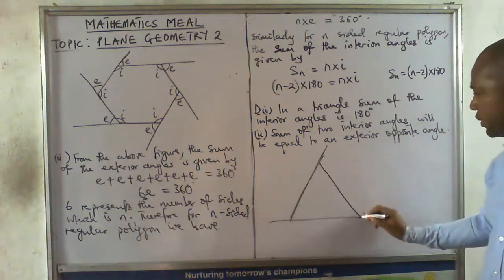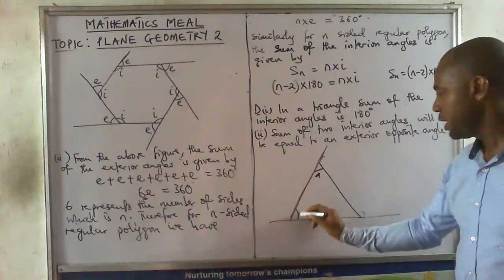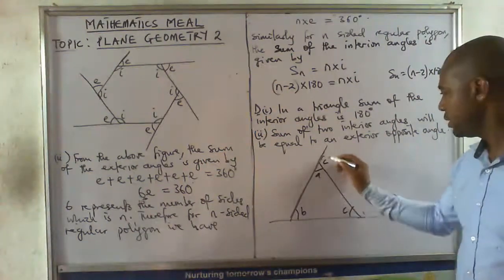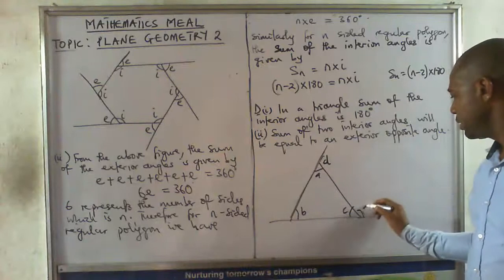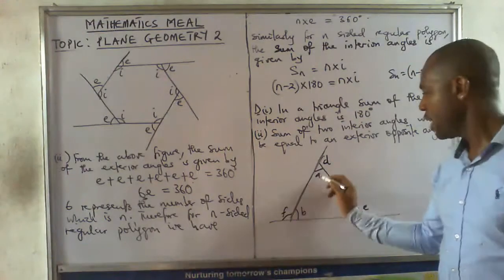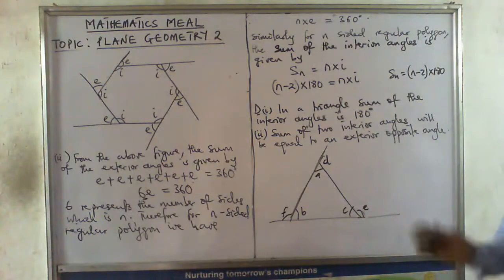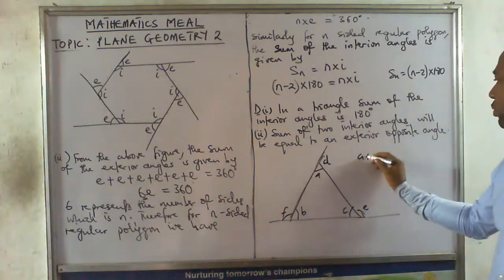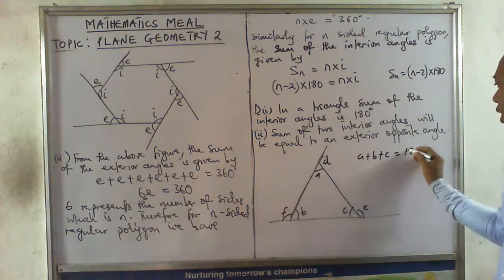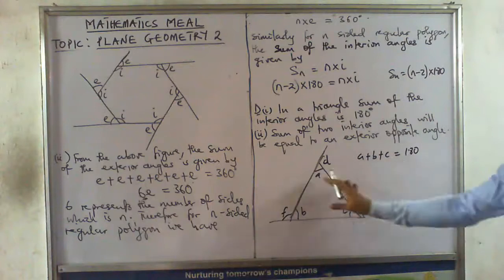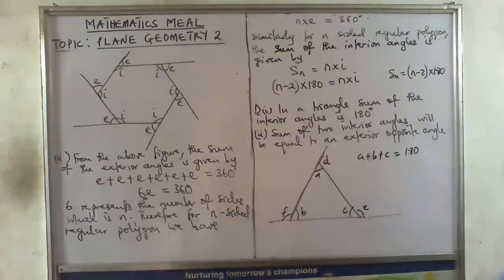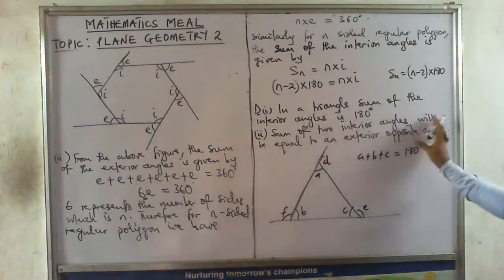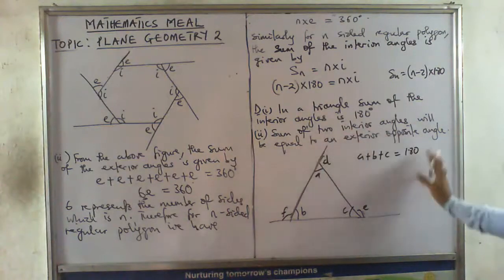Let's say here is A, here is B, and here is C. Let's say here is D, here is E, and here is F. A, B, and C are interior angles. So in a triangle, the sum of the interior angles is equal to 180. So if I add A plus B plus C, I'm going to have 180.